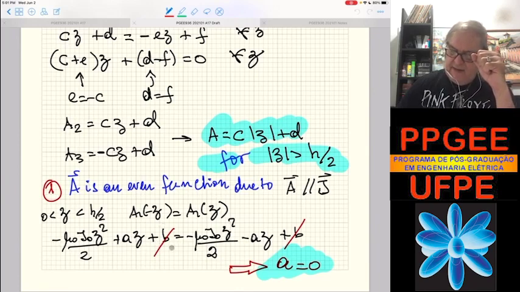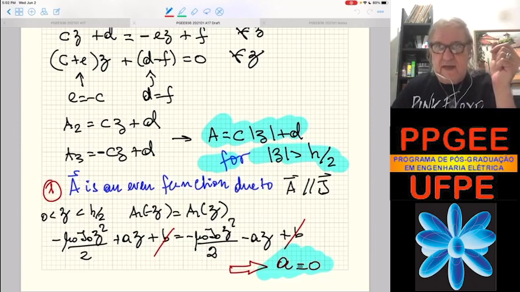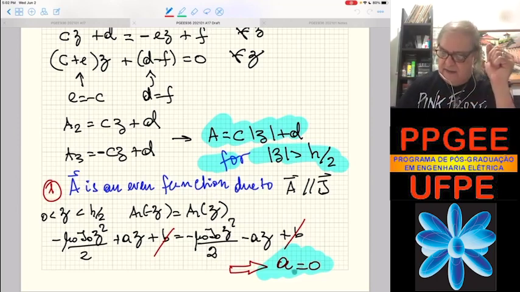We cancel B. This term is crossed out, so we prove that a equals 0. So for A to be an even function inside, the lowercase a is going to be 0.